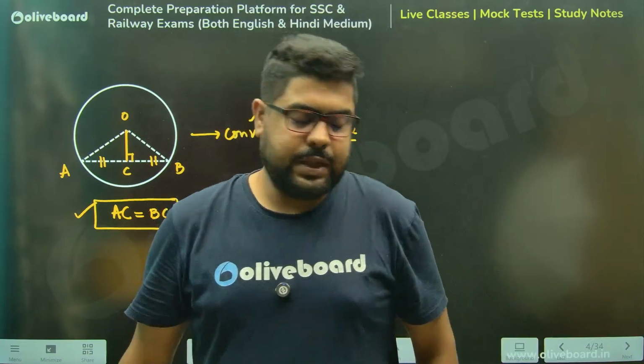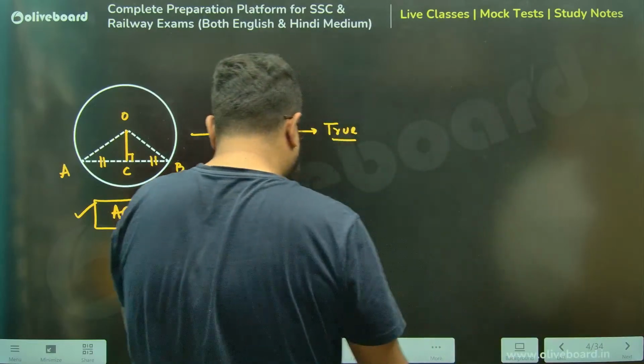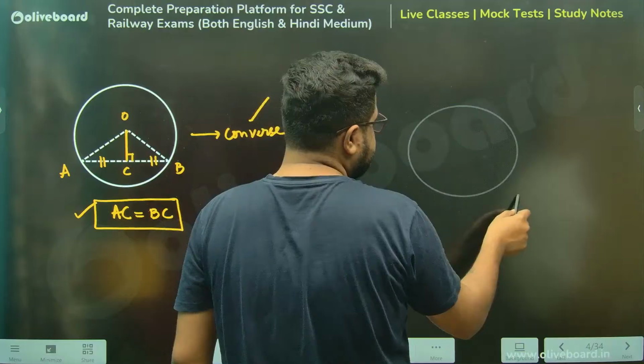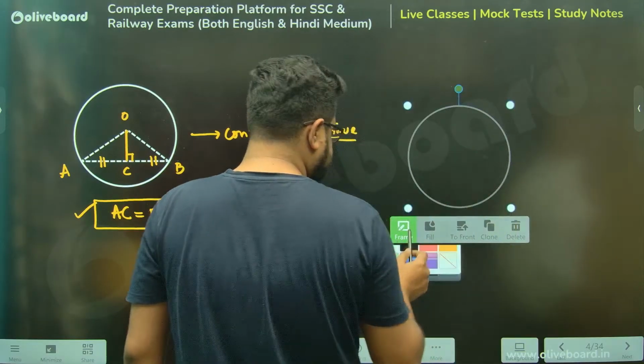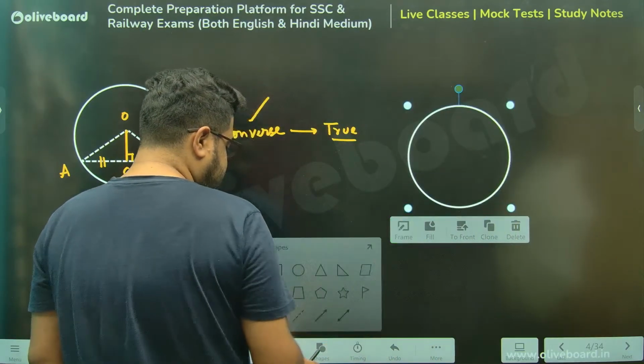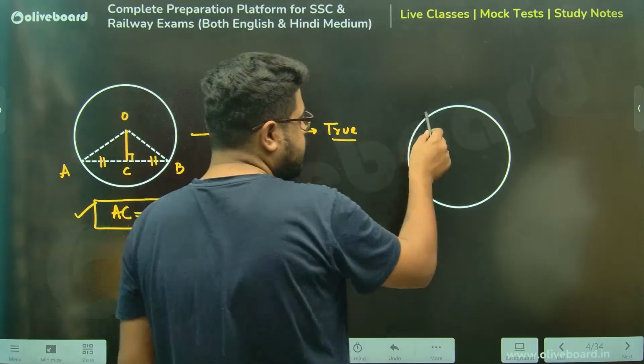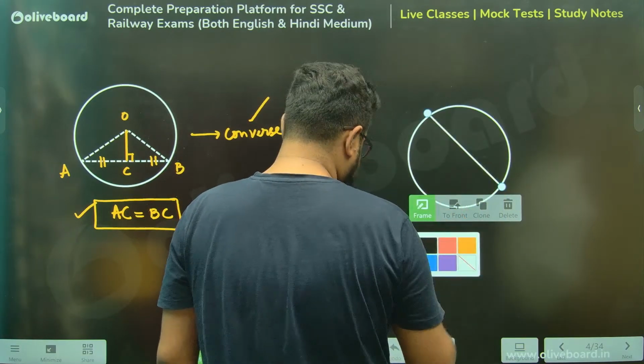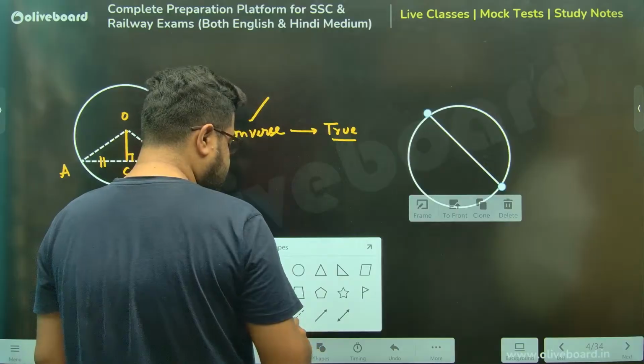Sir, now the next part. The next property: if this is a circle and there are two intersecting chords, one chord like this and the other chord like this.